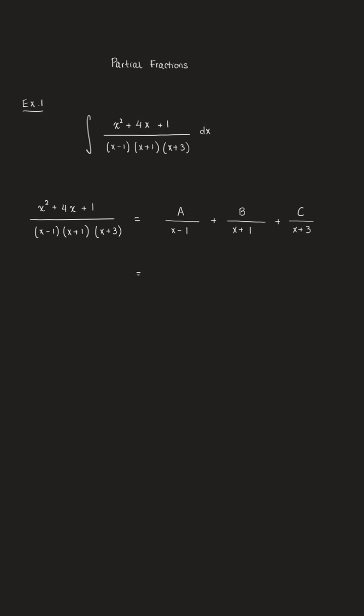So on the right side, we'll have that common denominator, same as the left, of x minus 1 times x plus 1 times x plus 3. And in order to be over this common denominator, I would need to multiply a by x plus 1 and x plus 3. B would need to get multiplied by the x minus 1 and x plus 3, the denominators that it's missing. And c would need to get multiplied by x minus 1 times x plus 1.